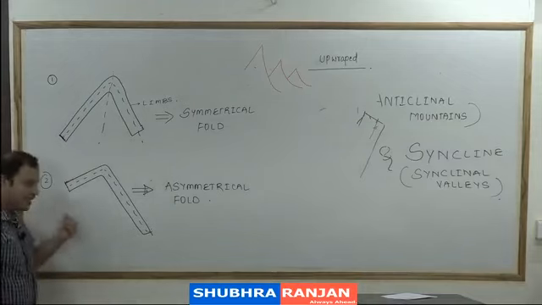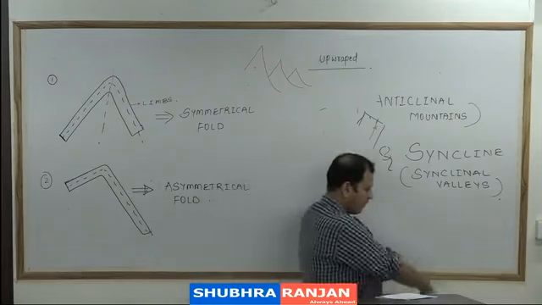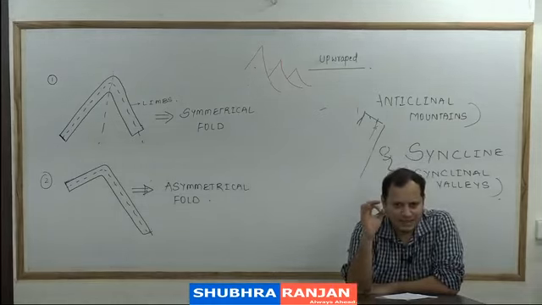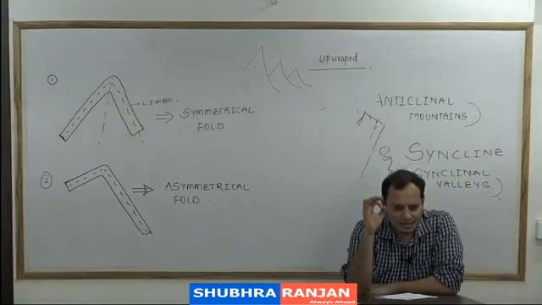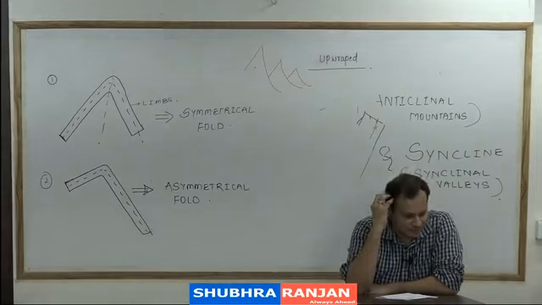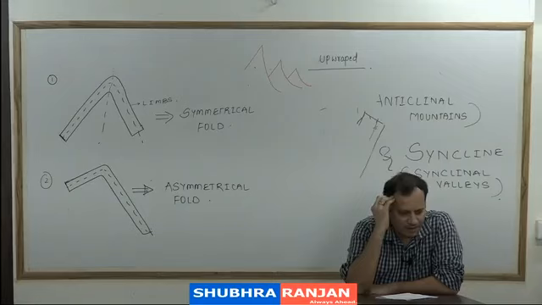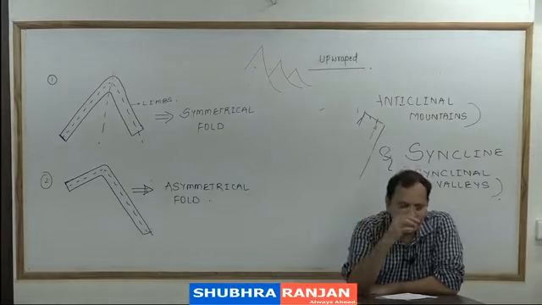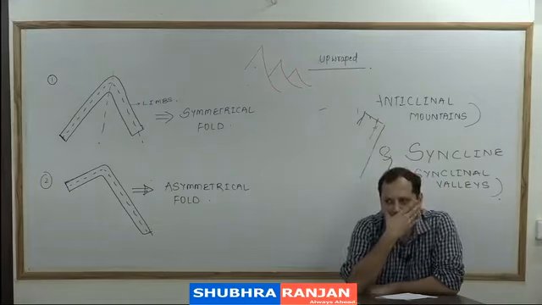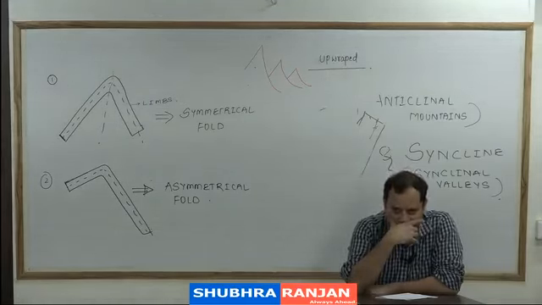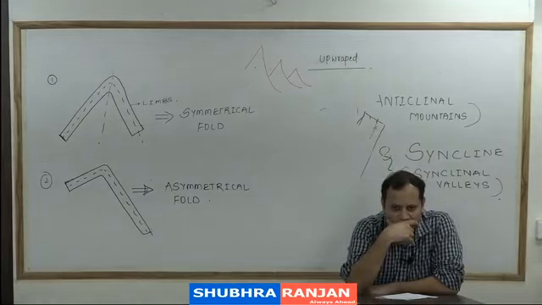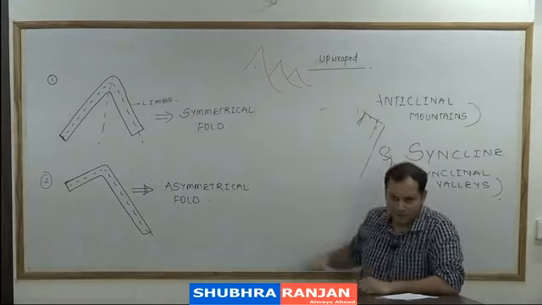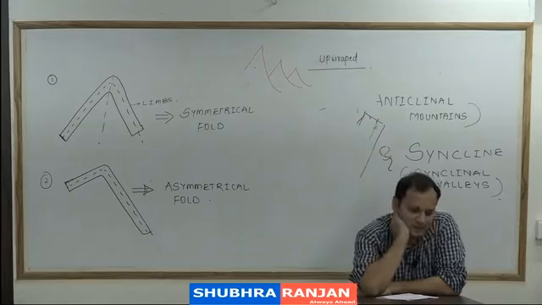On the other hand, if one limb is inclined at a steeper angle, or if both the limbs are inclined at different angles, then it is known as asymmetrical fold.